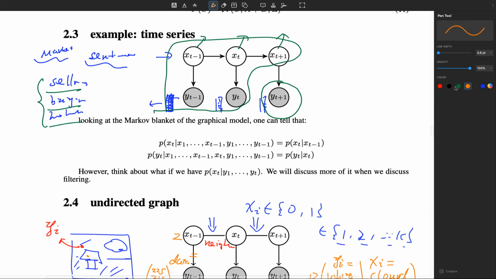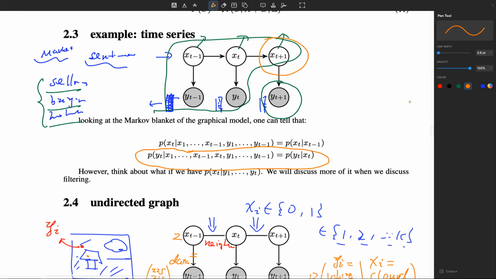It's the most important part of probabilistic graphical models, to actually work out the Markov blanket. So P of yt plus 1 is conditionally independent of the rest of the variables given xt plus 1. Yeah. So more generically, I am going to get this.